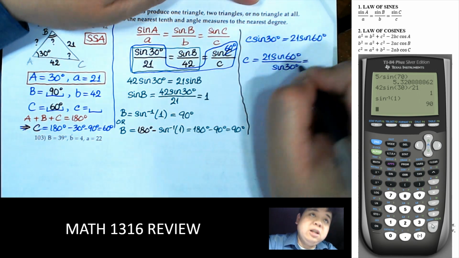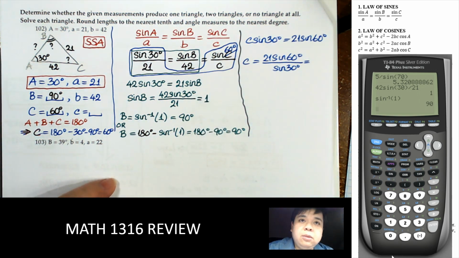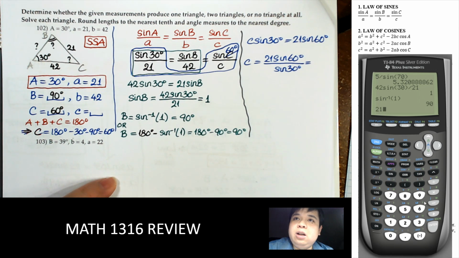So we do that: 21 sine of 60 degrees divided by sine of 30 degrees. So 36.37, I'd say 36.4.